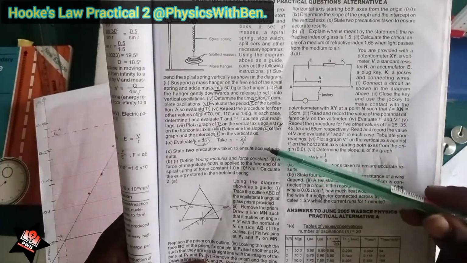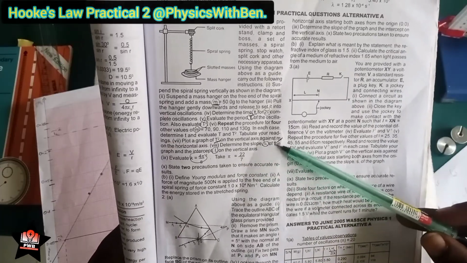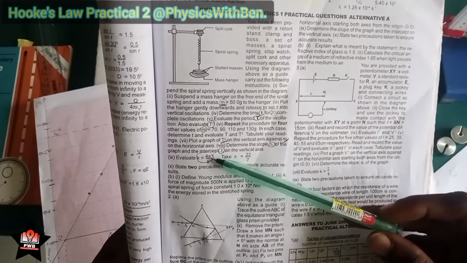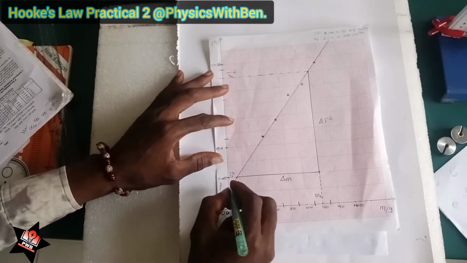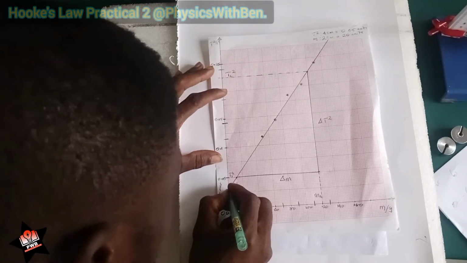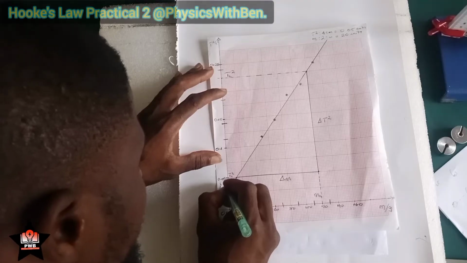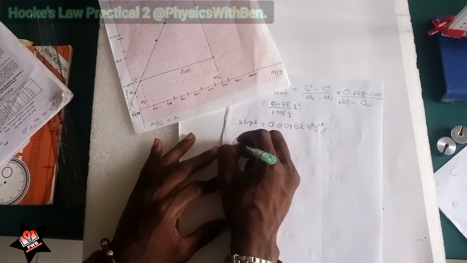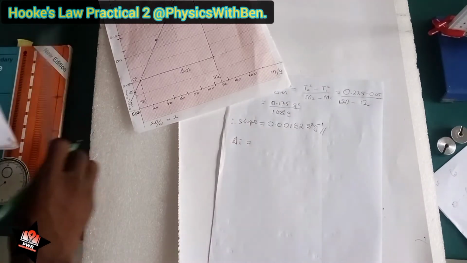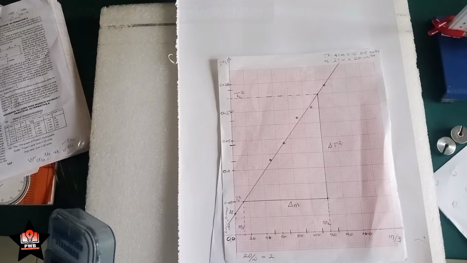The next line of action is the examiners ask us to determine the gradient of the graph, and the intercept I on the vertical axis. The graph cuts across this particular point here, and that is the intercept I. So we write that from the graph, our intercept I is given to be what? The value for each small box here was 0.0025.